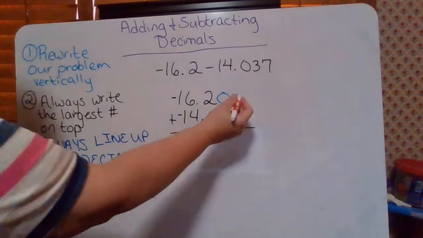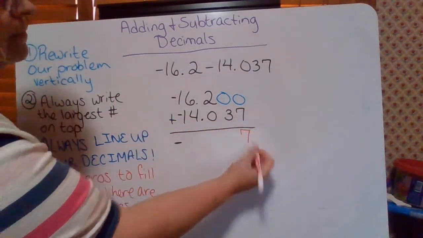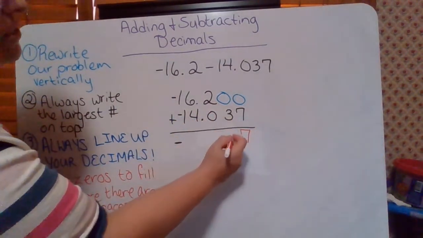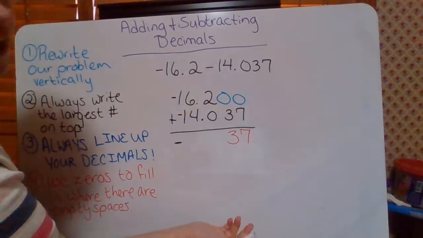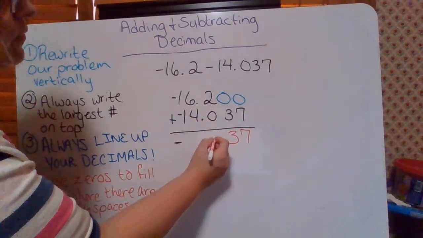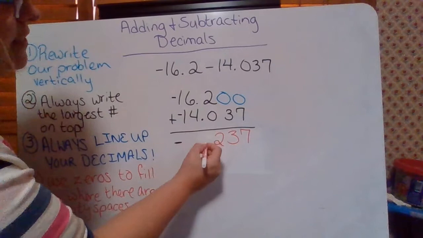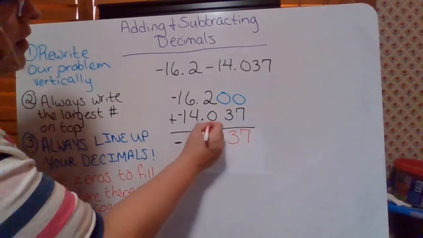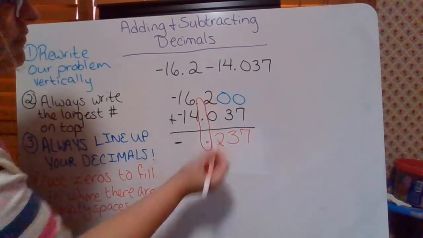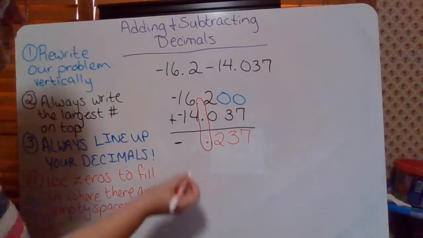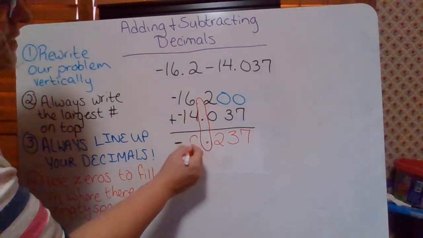So now, what's 0 plus 7? 7. What's 0 plus 3? 3. What's 2 plus 0? 2. Bring that decimal straight down. Here we go. They have to line up. 6 plus 4 is 10.